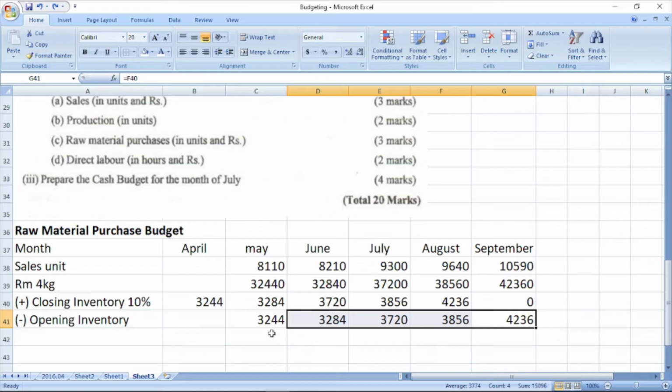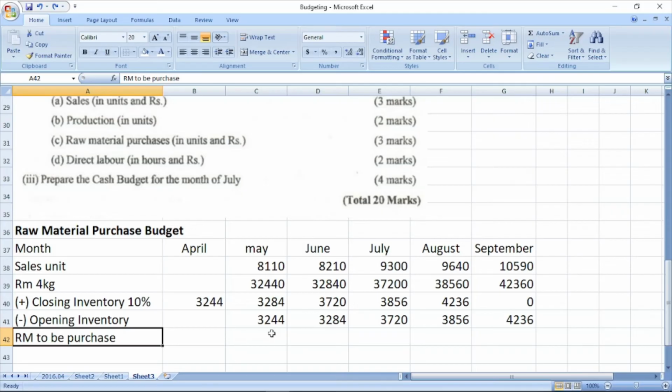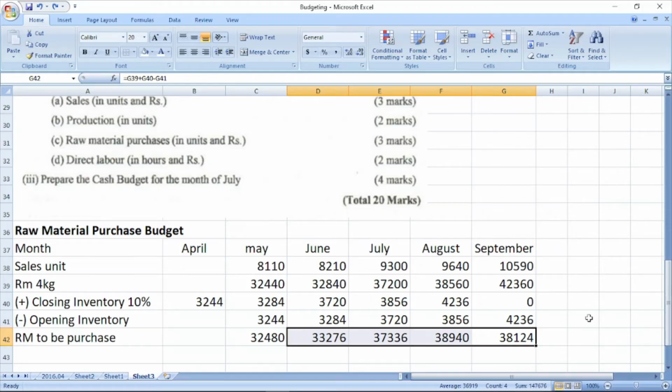Likewise get the other value, and raw material to be purchased, the total value of the raw material. The May raw material 32,440 plus 3,284 minus the opening inventory 3,244. It is 32,480. Likewise get the amount.